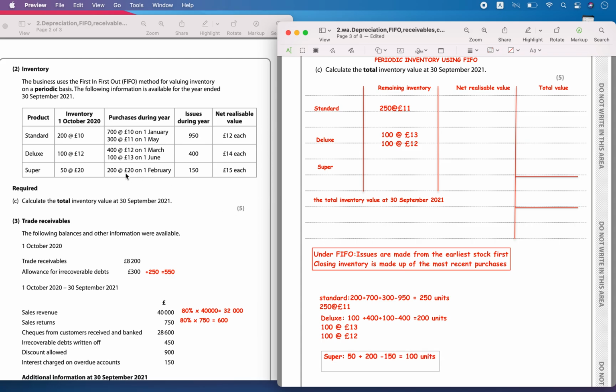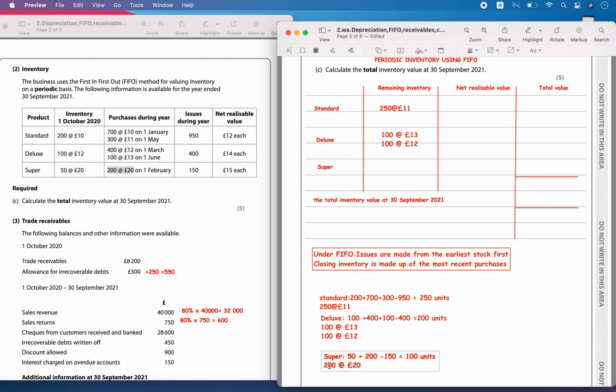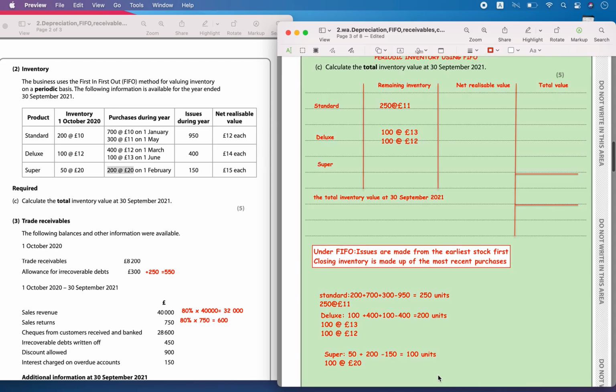The rate at which these 100 units would have remained should have been 20, but we can see that the net realizable value is 15. So you will value the remaining inventory at only 15, not at 20.